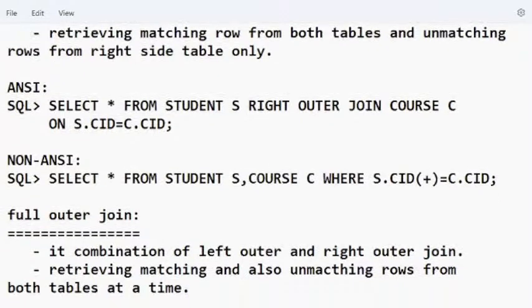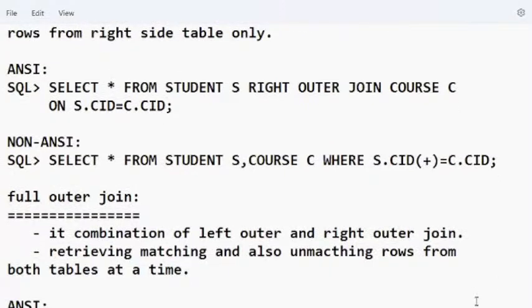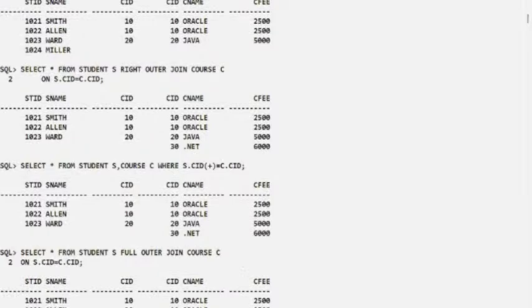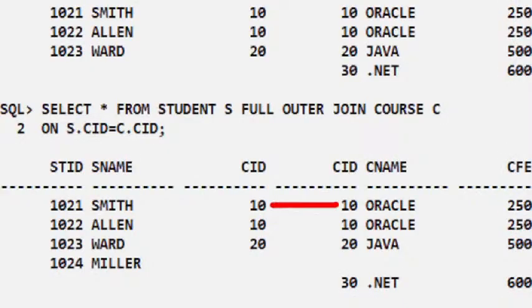Now, sir, how do I implement this? First I'm showing ANSI on these two tables of data. When you perform this, we can see if I use full outer join in place of right, and after that our condition is on S dot CID is equal to C dot CID. Carefully observe: 10, 10, 10, 10, 20, 20 are matchings.